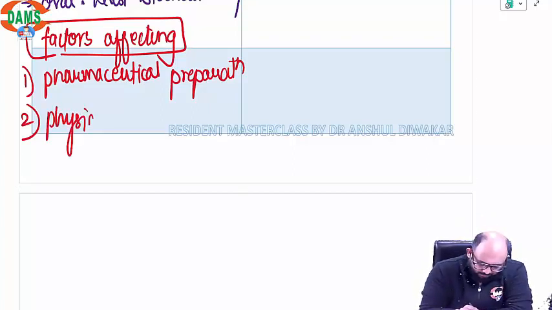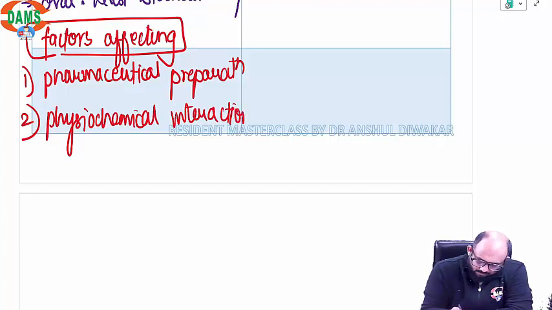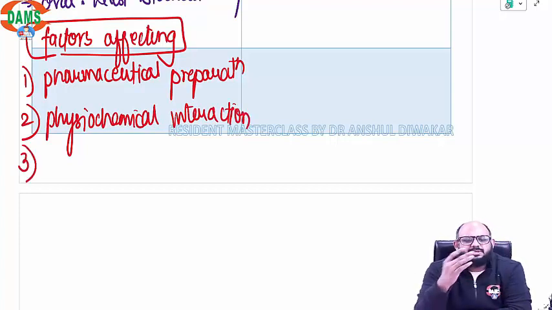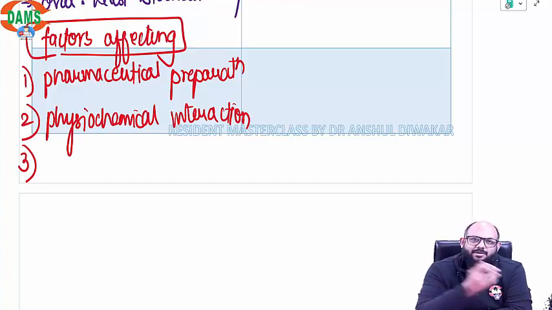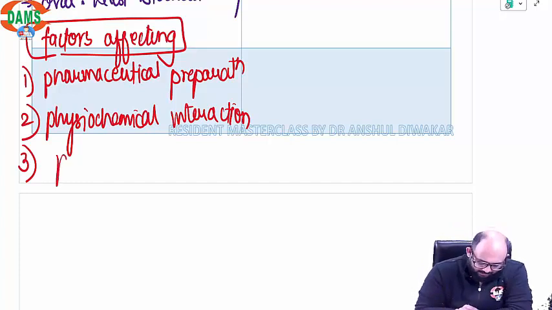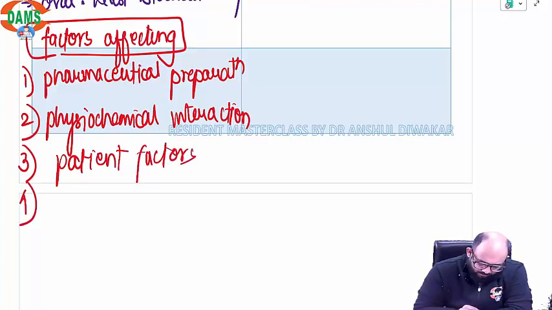Physiochemical interaction. If you are using an acidic drug in an acidic environment, more unionized fraction, faster absorption. If you are using a basic drug in an acidic environment, less bioavailability. Patient factors: local pH, gastric motility, and first pass metabolism.